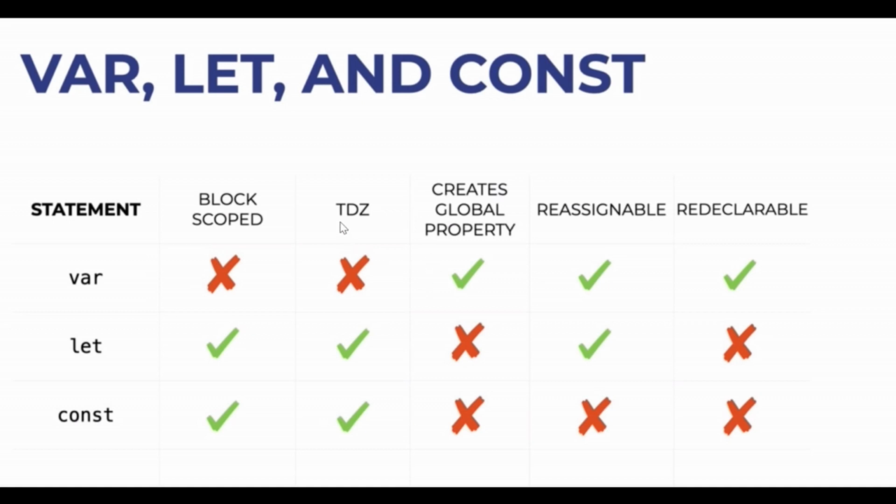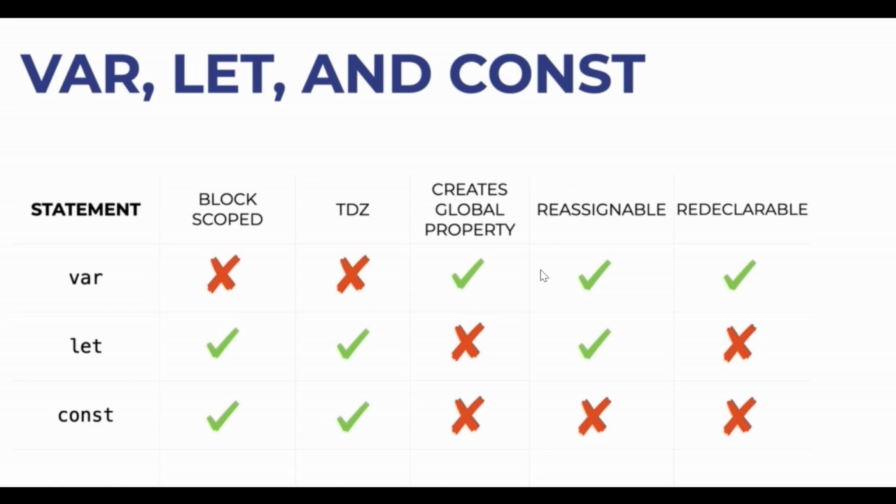Hence, let and const are in the TDZ and not var, because var will not throw the reference error. Now, creates global properties: var declared variables can be accessed using window dot the variable name, but not let and const.